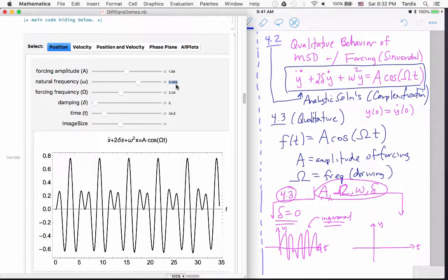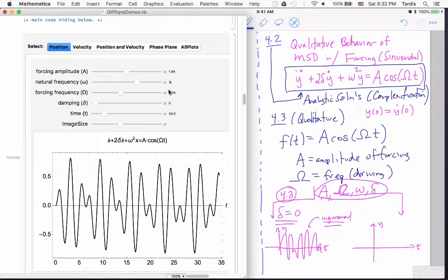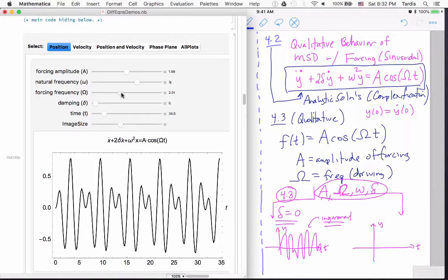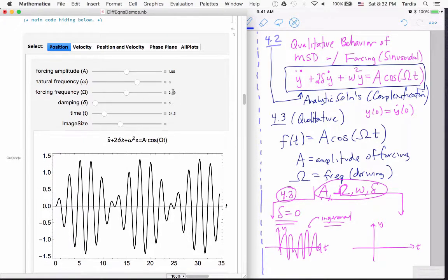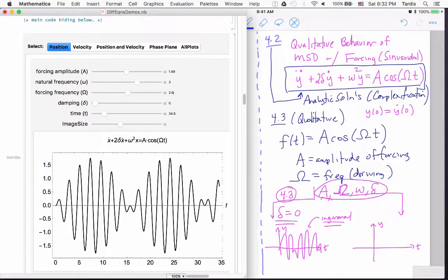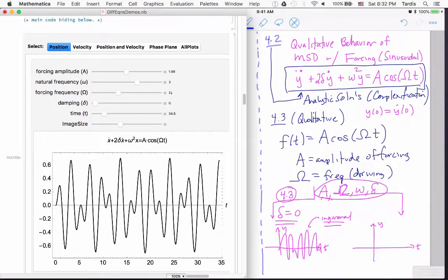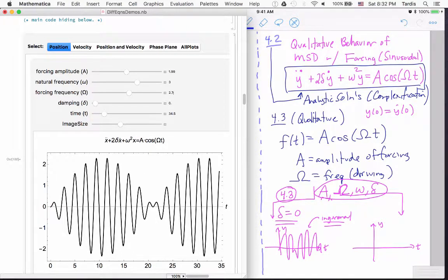If you can see this number here, it's about 3, so we'll change it to 3. As the forcing frequency gets close to the number 3, right now it's 2.5, let's make it 2.6, let's make it 2.7. You can see that something started to happen.